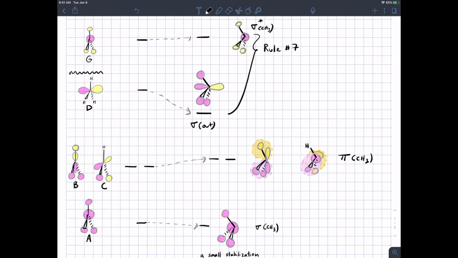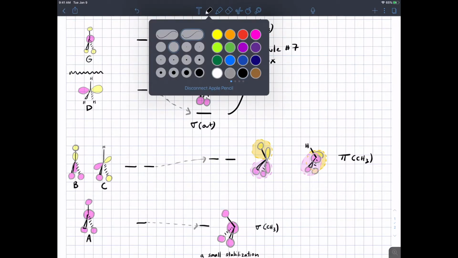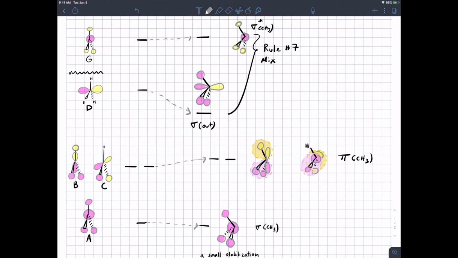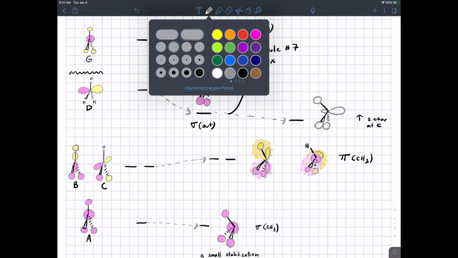So, in response to that, we mix the two, and that allows us to go down in energy even more, because we now are going to have increased s character at carbon. And if we were to draw this orbital, now it's going to look like our conventional sp3 hybridized orbitals that we learned to draw from valence bond theory.